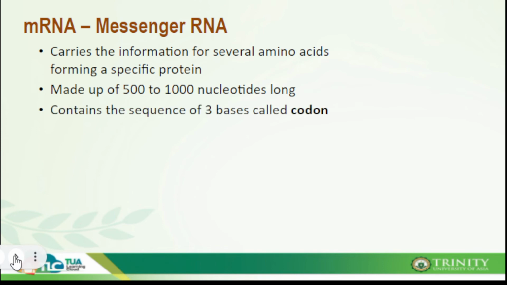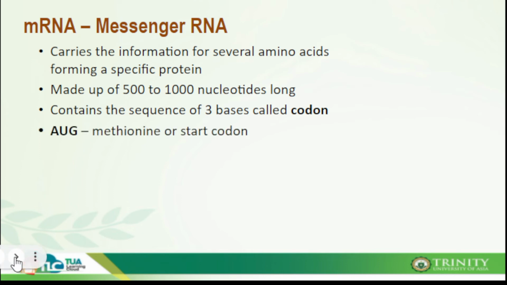And binabasa ang RNA natin, ang ating mRNA, in sequences of 3 bases. So magbabasa ng tatlong nitrogenous base, tapos tatlo ulit, and then tatlo ulit. And those combination of 3 bases is called codon. Okay? Codon.